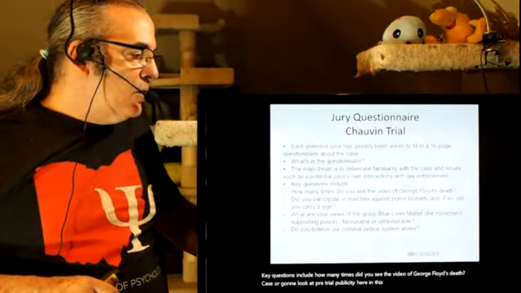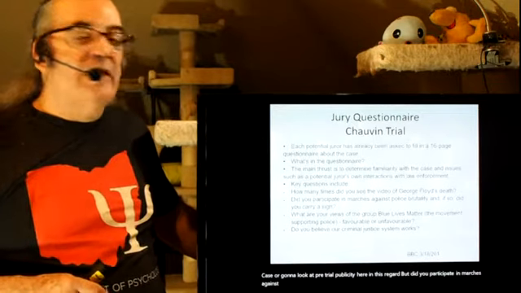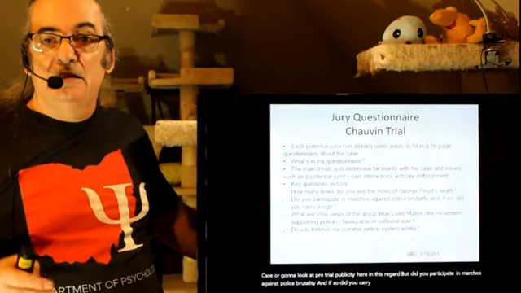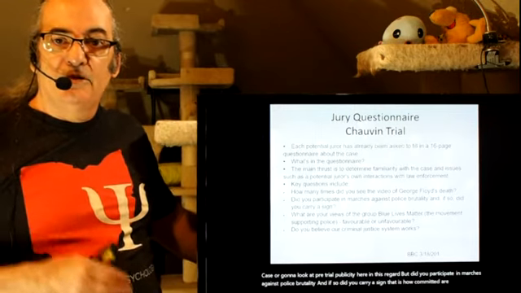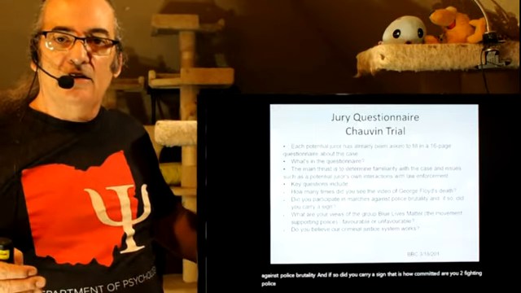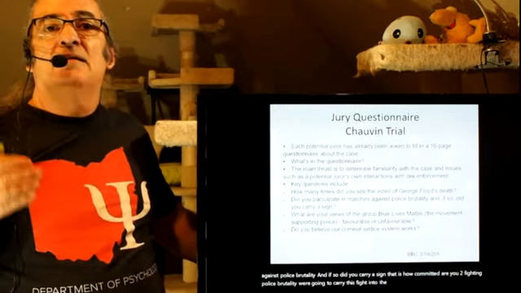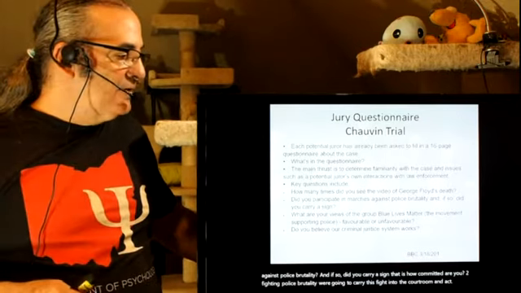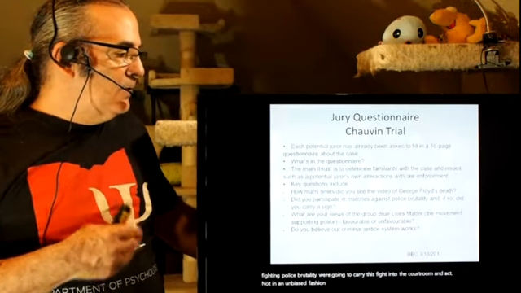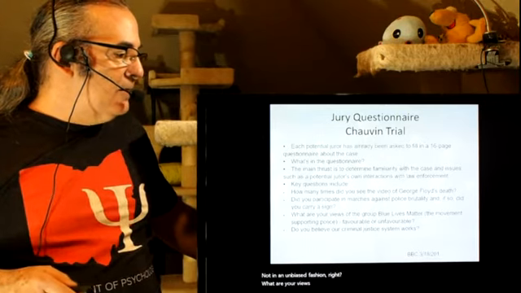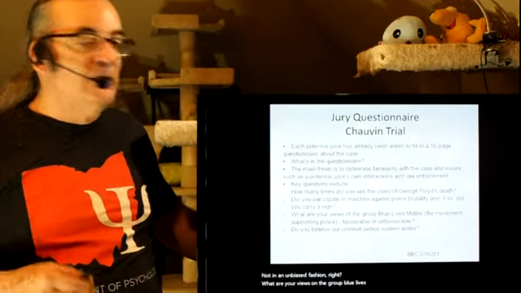Did you participate in marches against police brutality, and if so, did you carry a sign? That is, how committed are you to fighting police brutality, and are you going to carry this fight into the courtroom and act not in an unbiased fashion, right? What are your views on the group Blue Lives Matter, the movement supporting police, favorable or unfavorable?